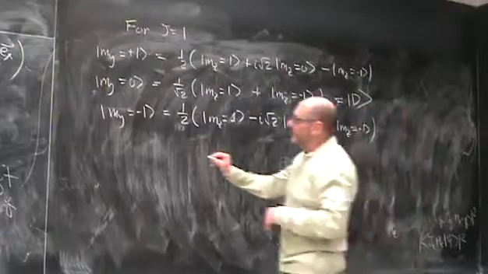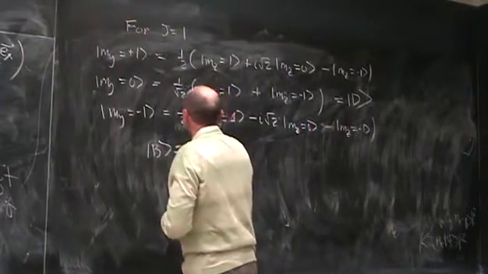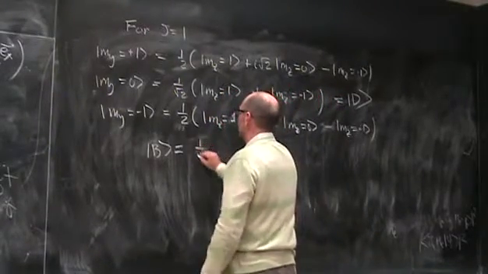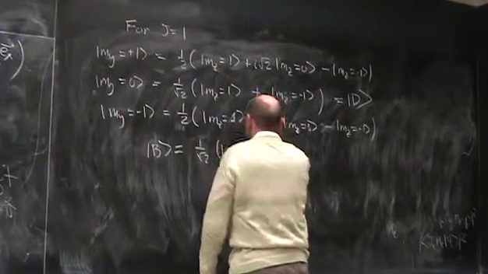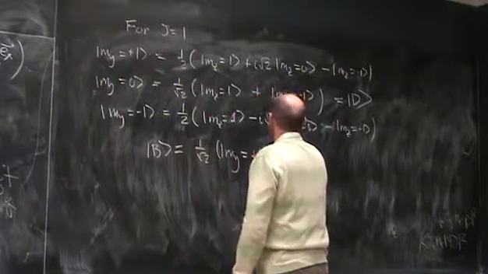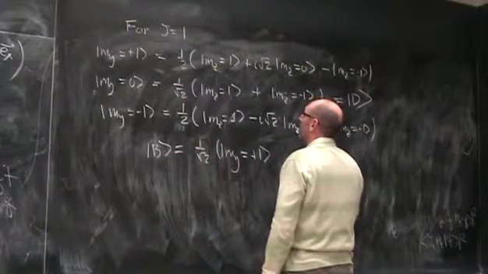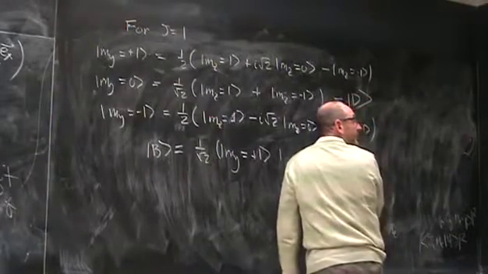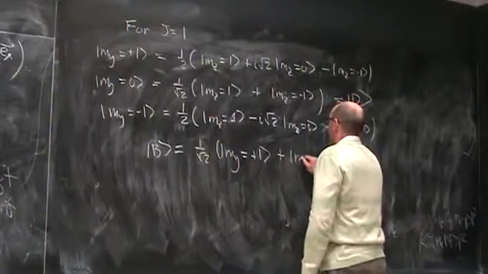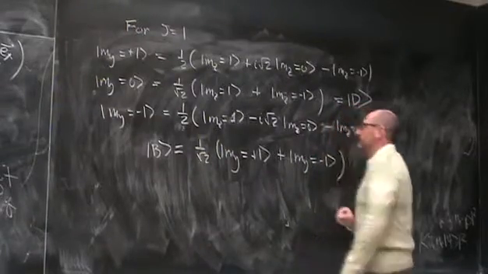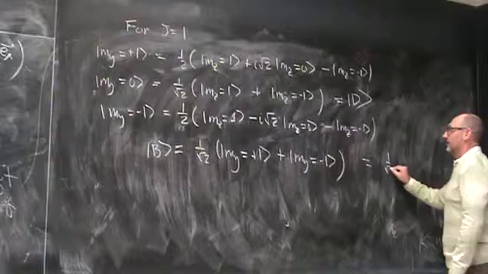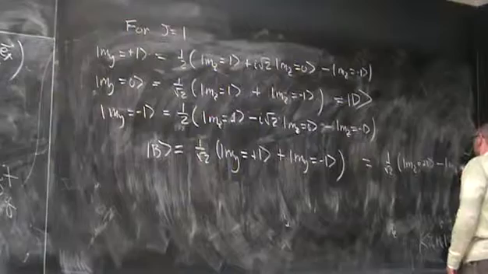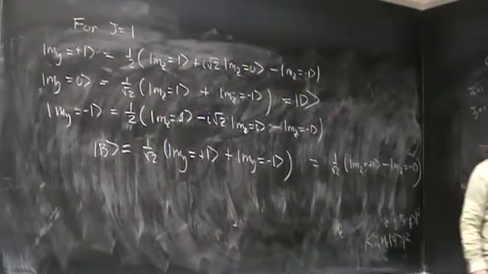The bright state in this case is the superposition my equals plus 1 plus my equals minus 1. That's equivalent to the state mz equals plus 1 minus mz equals minus 1.